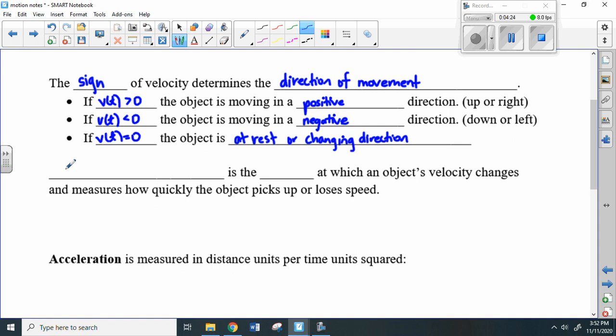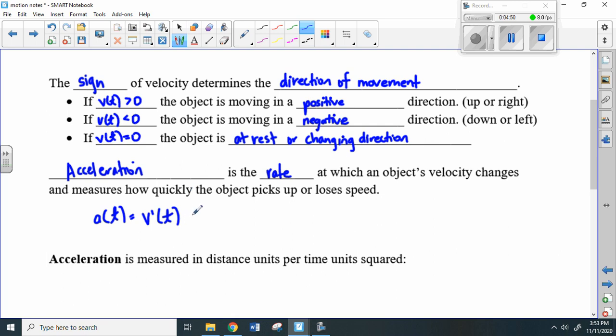Okay, and then we're going to go ahead and extend that to acceleration. So acceleration is also a rate, but it is the rate at which the velocity changes. So remember, acceleration is the derivative of velocity.